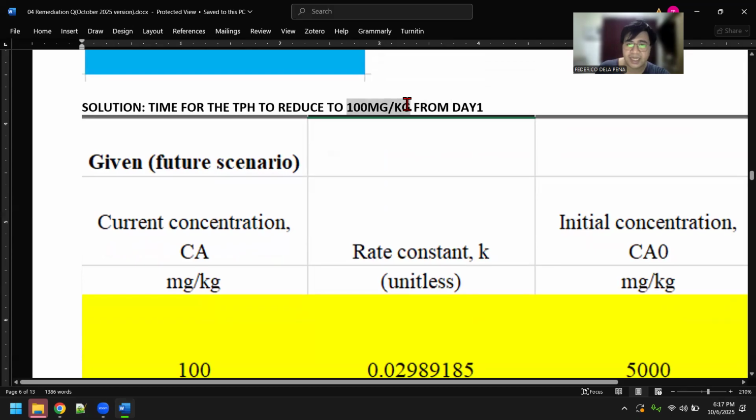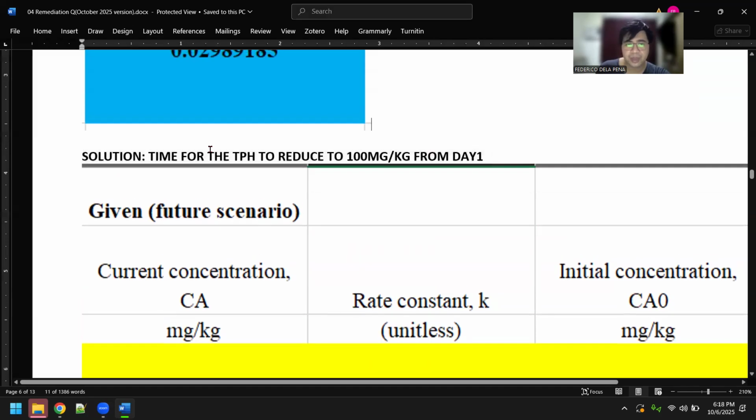Let's say that the safe level of the contaminant, or the safe concentration level, is 100 milligrams per kilogram, or approximately 100 ppm. So this is the safe level, and this is our target concentration.